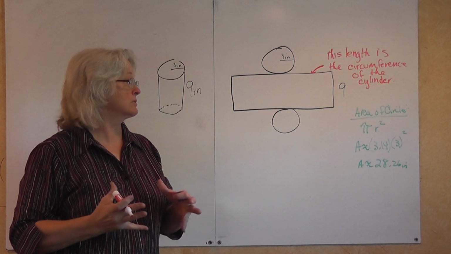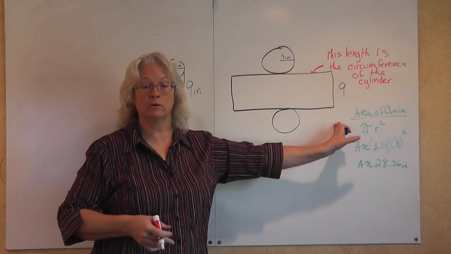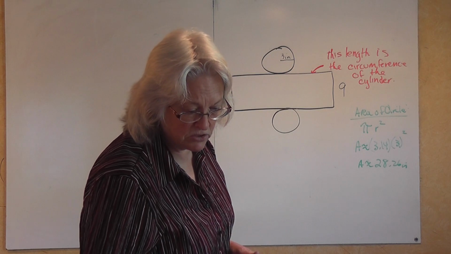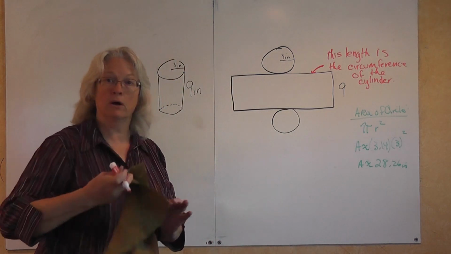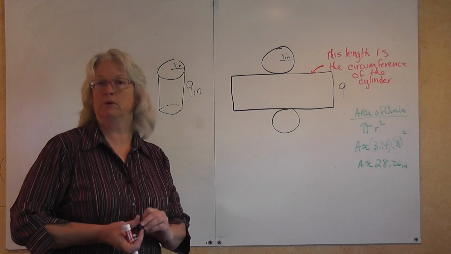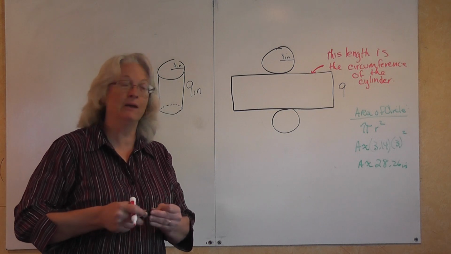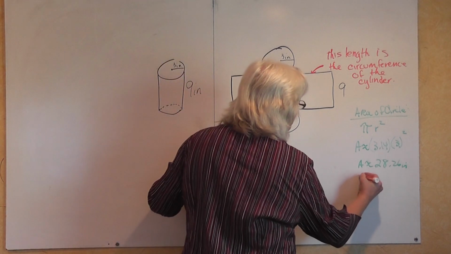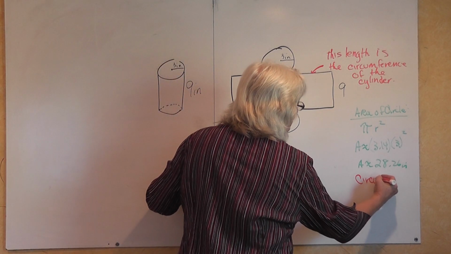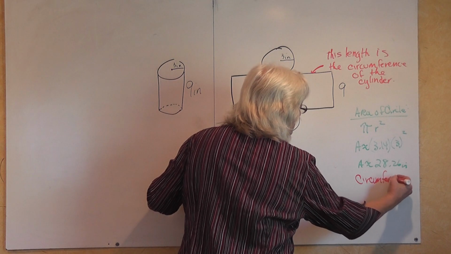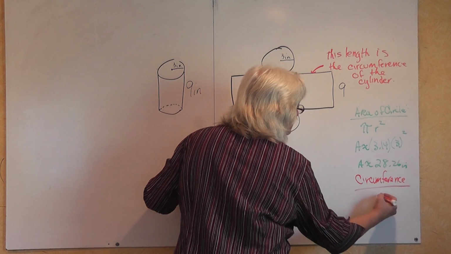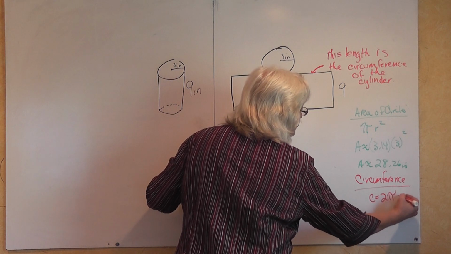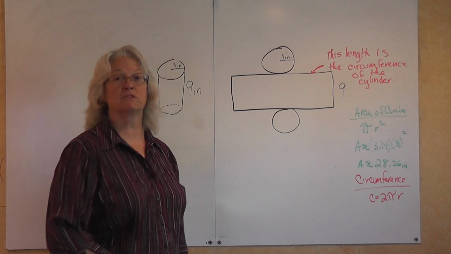Okay, how do you find circumference? We found an area of a circle. The circumference of a circle is the definition that you should have already memorized. Circumference is twice the diameter. I'm sorry, I didn't mean twice the diameter. Circumference is pi times the diameter. Or we also learned that circumference, if we are given the radius of a circle, is 2 times pi times the radius.